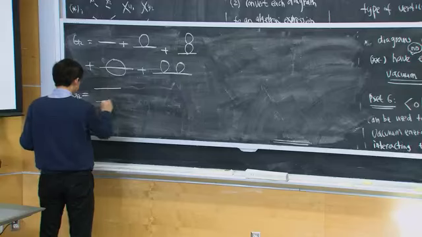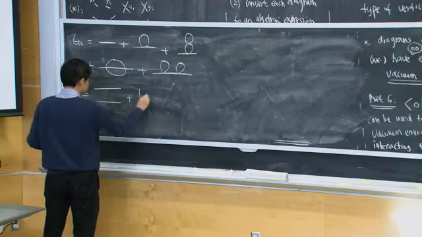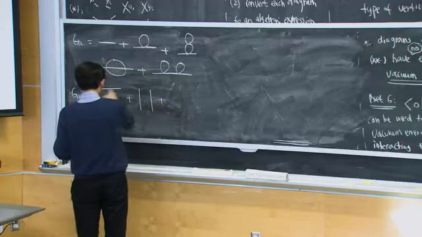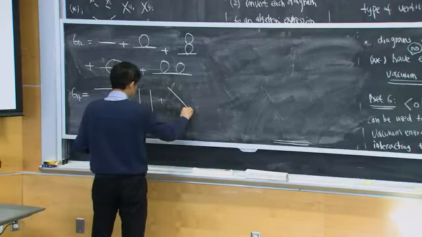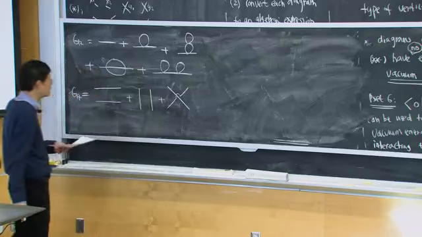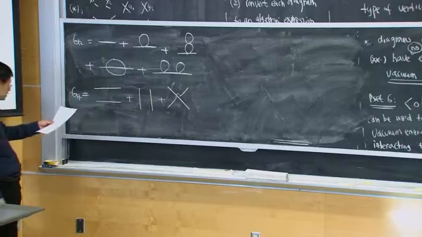You just have it contracted with itself, with 4 external points. This comes from the free theory contribution at the 0th order.